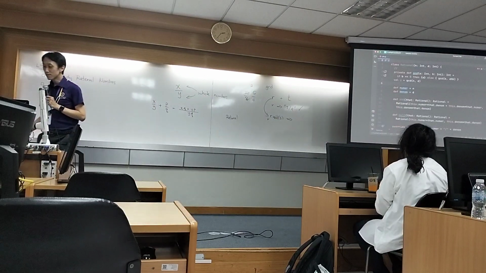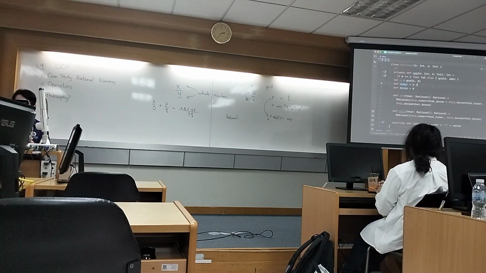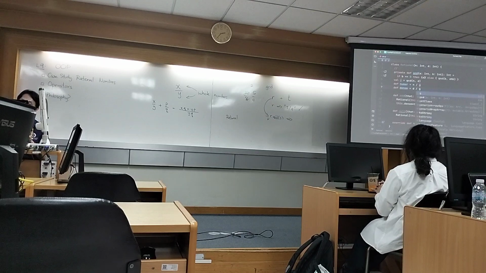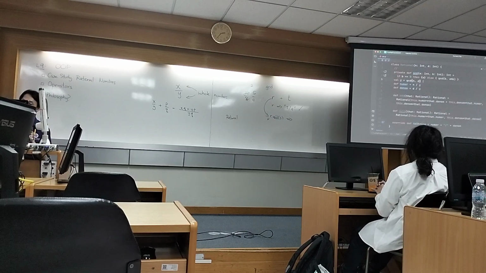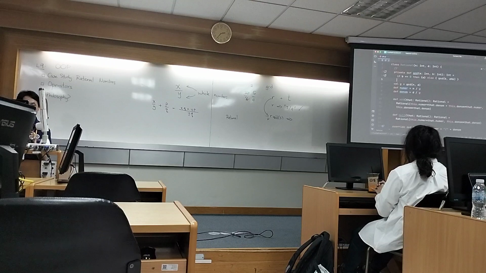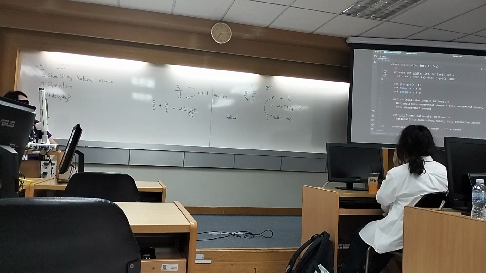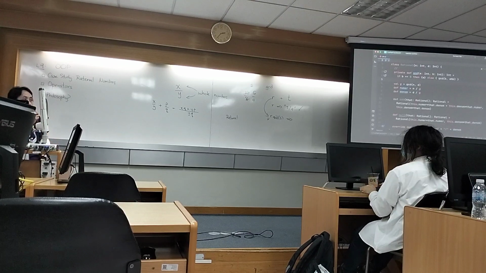And what can I do here? I can divide through by g. And in this way, every time we look at numer and denom, you're going to see it in the lowest form.